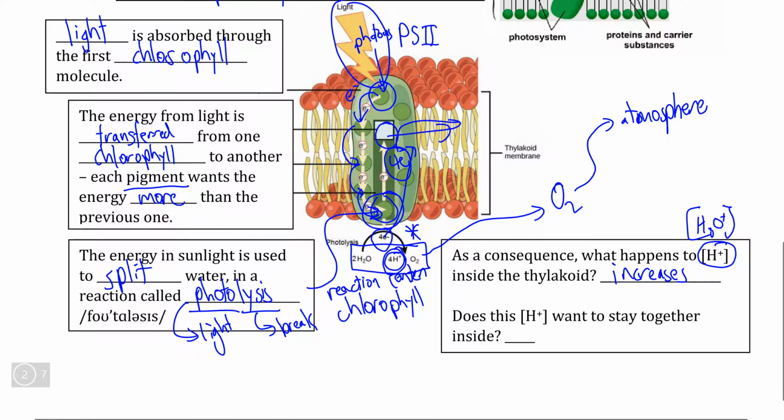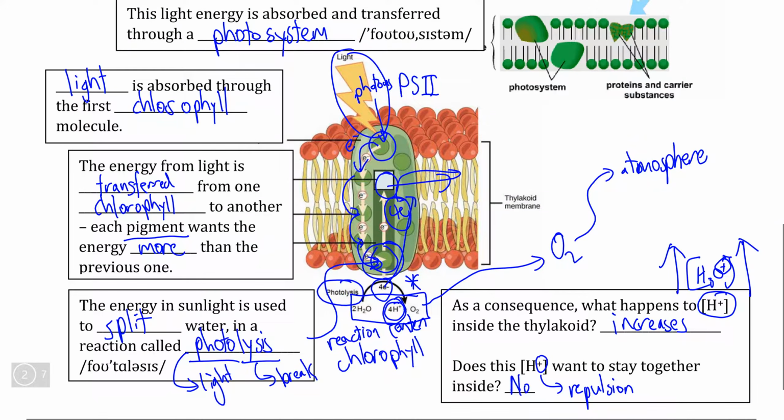The more light we harvest, the more photolysis is powered by this reaction, the more water is broken apart, and the higher the concentration of acid is going to be, meaning that not only are we creating a concentration gradient, but we are also creating an electrostatic gradient because of all the repulsion of each of these H+ or H3O+ ions, and therefore these ions do not want to stay together, and we are creating the conditions that are necessary for proton motive force, exactly as in the mitochondrial electron transport chain.